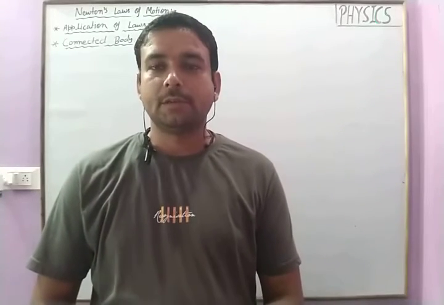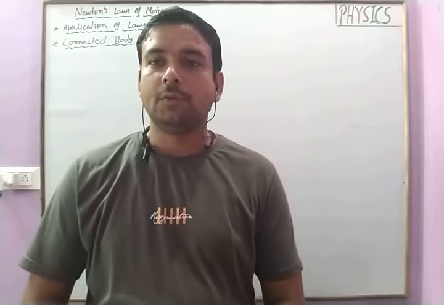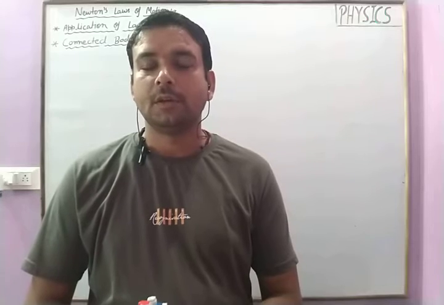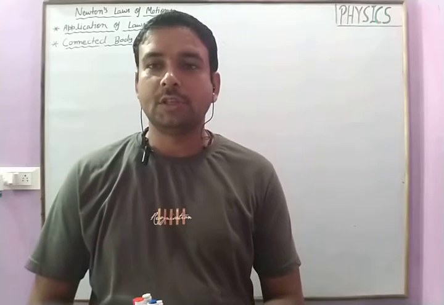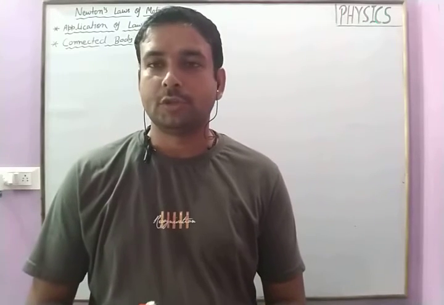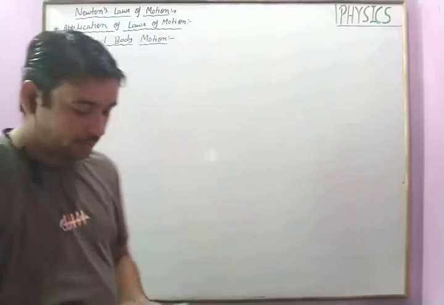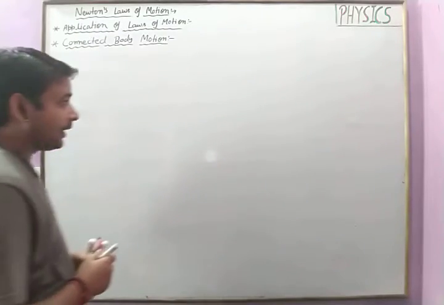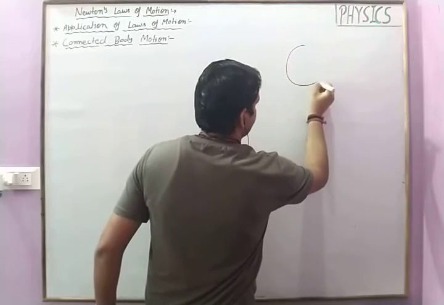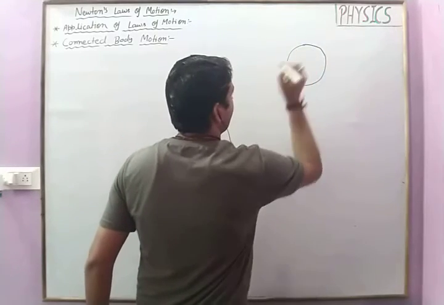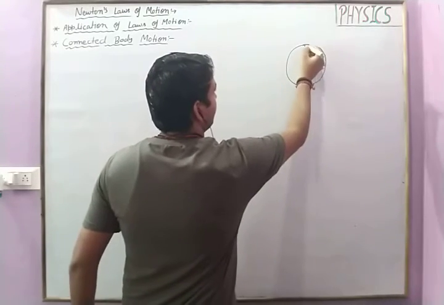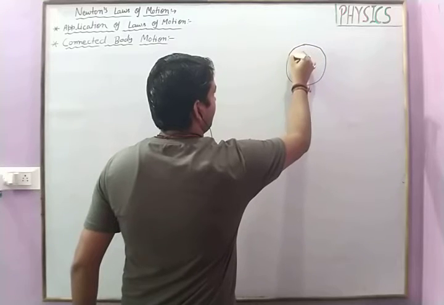In the previous lecture, we learned about the application of Newton's law. In today's lecture, we will continue with the same topic, connected body motion or free body motion, in which we have an application that two mass bodies are hanged with the help of a string with a pulley like this.